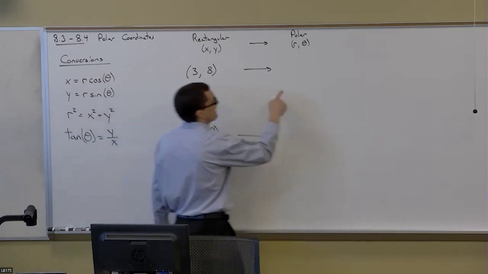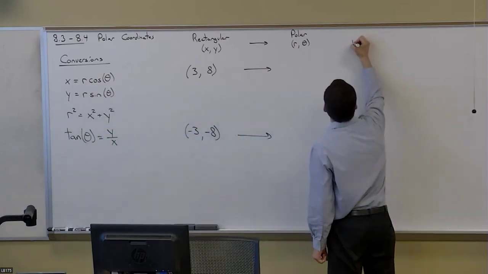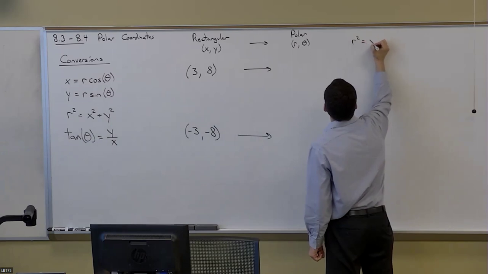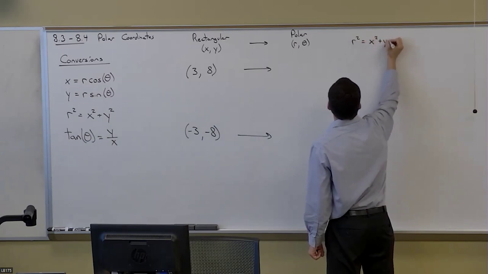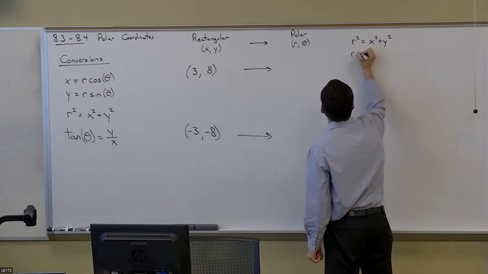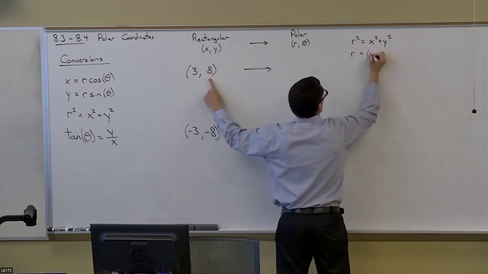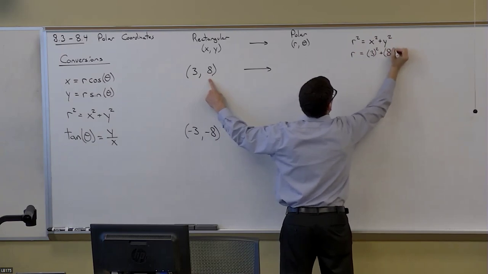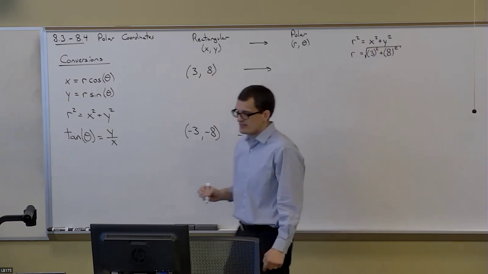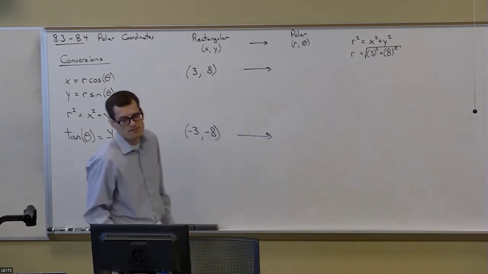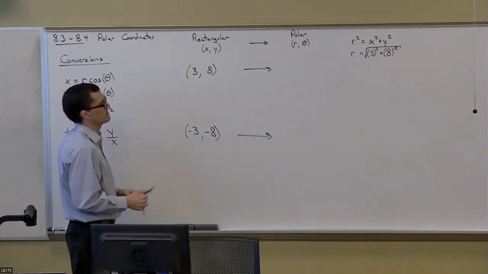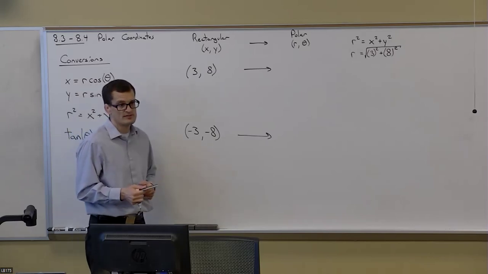If I'm trying to find the R, R squared is equal to X squared plus Y squared. So since I have this X and this Y, I can simply take the square root, and just like last time, we'll assume the R has to be positive.